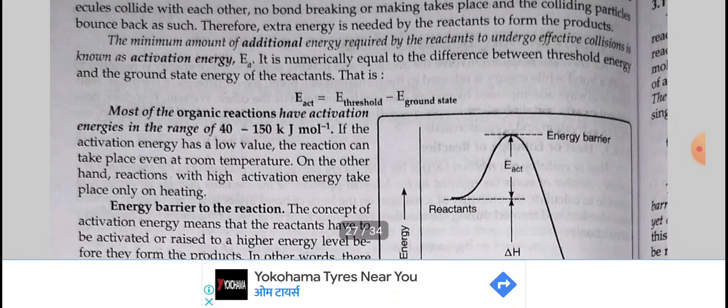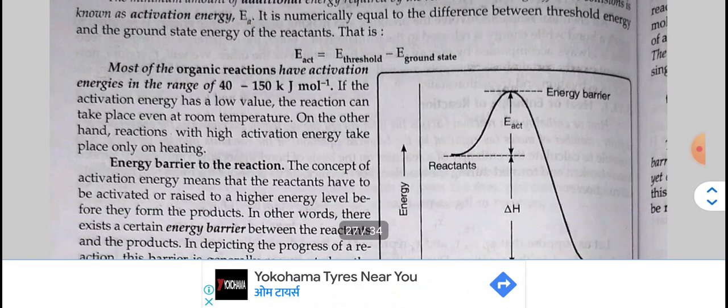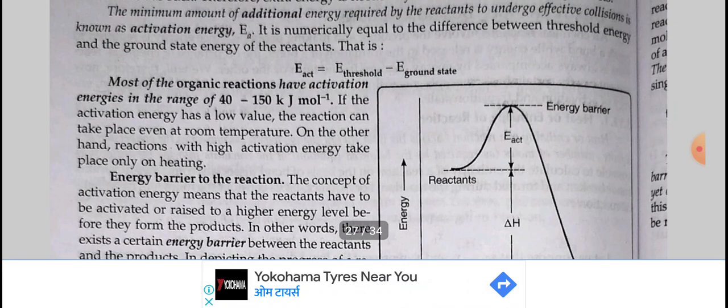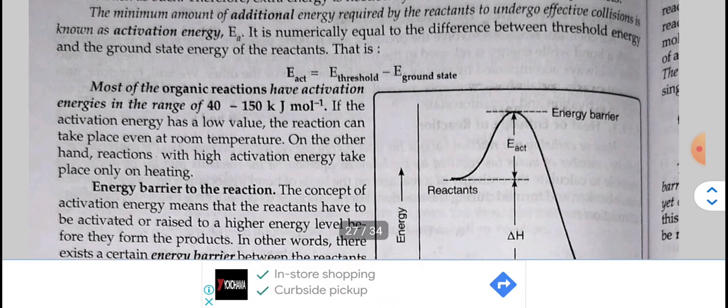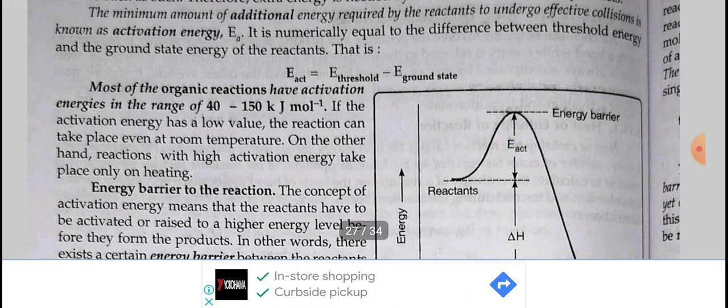It is numerically equal to the difference between threshold energy and ground state energy of the reactant: E activation equals E threshold minus E ground state. Most organic reactions have activation energy in the range of 40 to 150 kilojoules. If the activation energy has a low value, the reaction can take place at room temperature. On the other hand, reactions with high activation energy take place on heating.